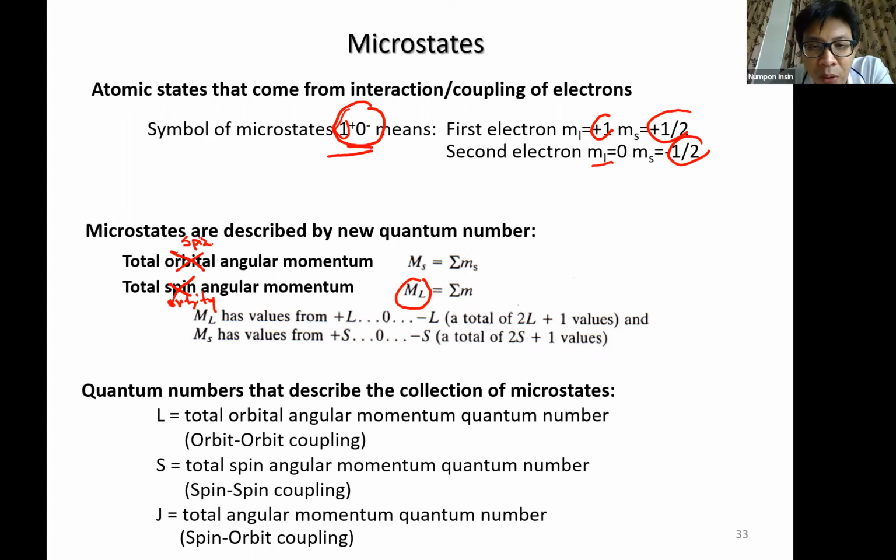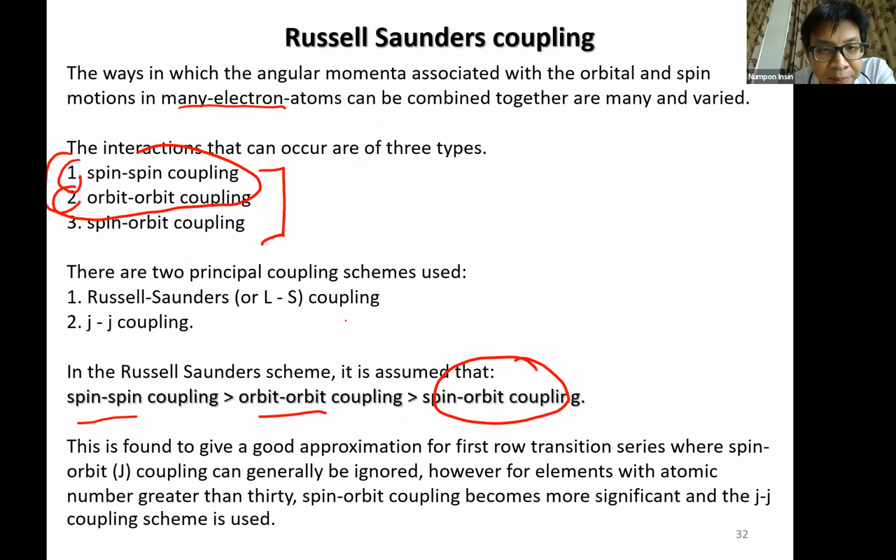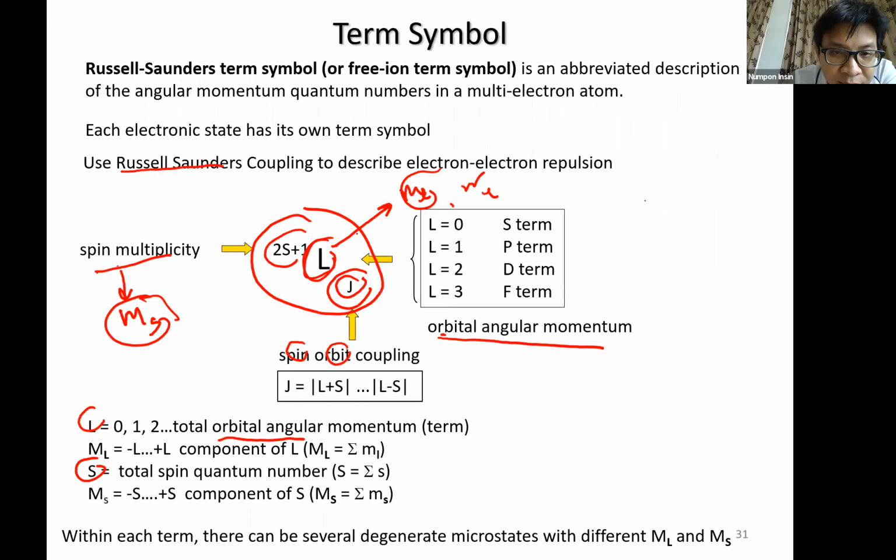So capital ML comes from the combination of the small ml, and MS is the combination of the small ms of the electrons in the system. And the ML value will give you the L quantum number that we're going to use here. We want to find the L here, right?